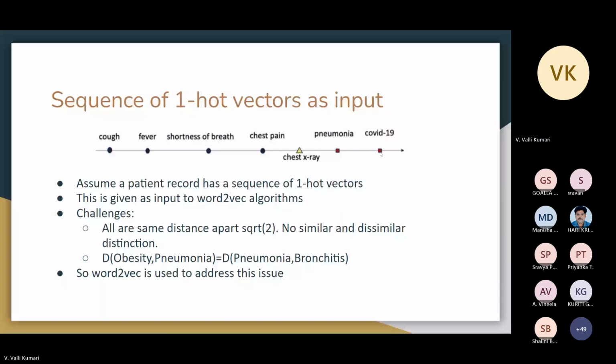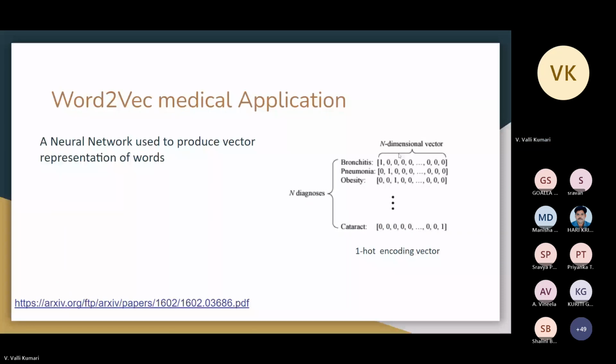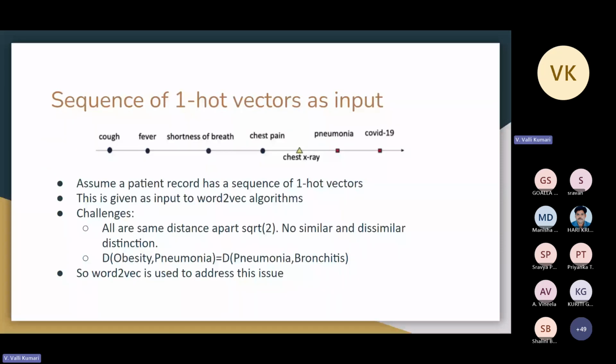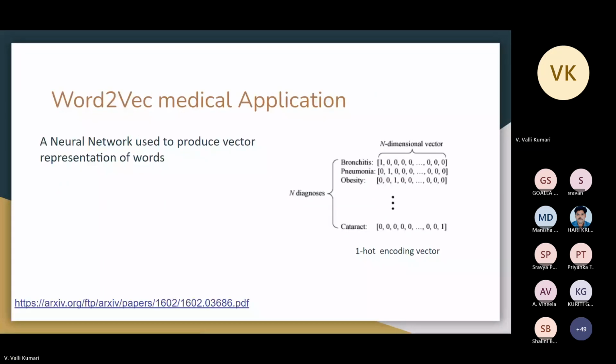So the issue with this is that all of these are at the same distance. So when you consider bronchitis, pneumonia, and obesity, the distance between these two and these two is the same.